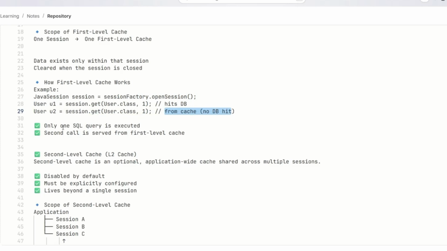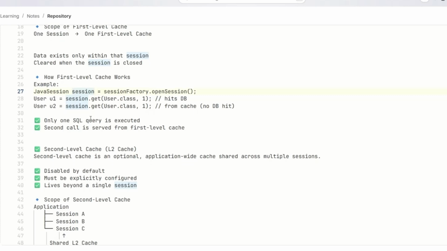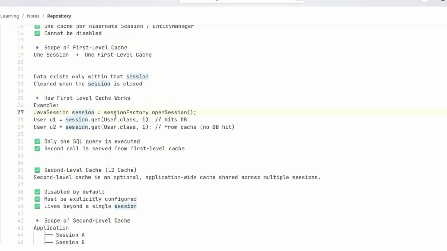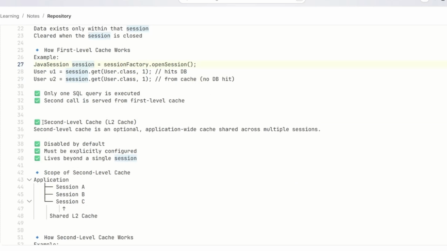So only one SQL query is executed and the second call is served from the first level cache. This is the first level cache. It makes our database fast, performance increases, and it does not overload our database because the second query gets its result from the cache.